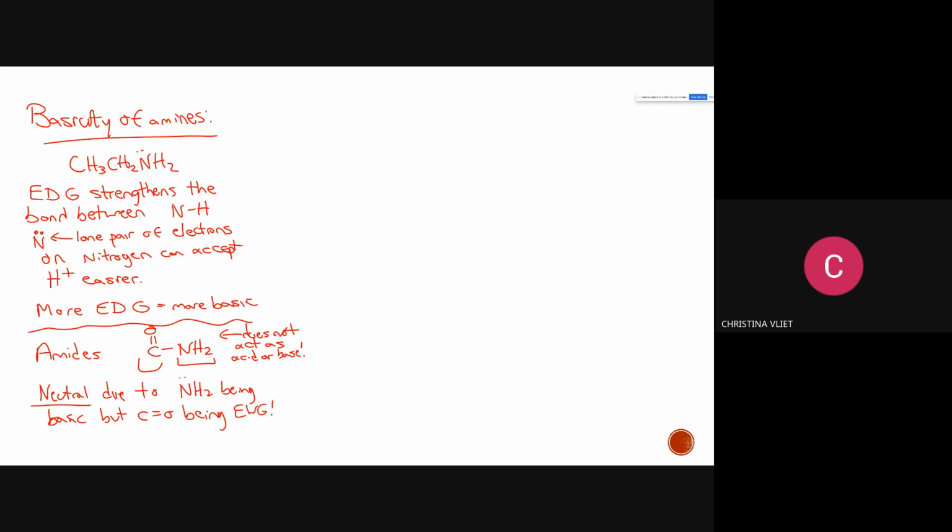The very last thing: going back to Ka. The bigger the Ka, this is an essential trend, the lower the pKa. What does that tell us about the strength of the acid? The bigger the value of Ka, the lower the number of pKa.